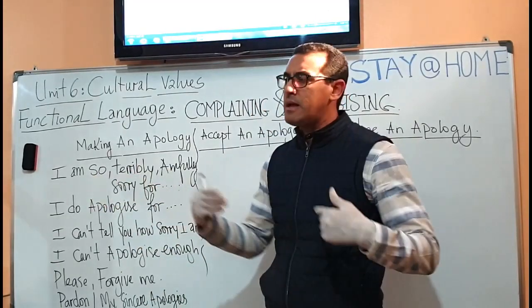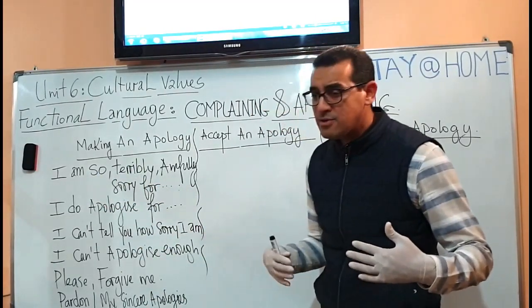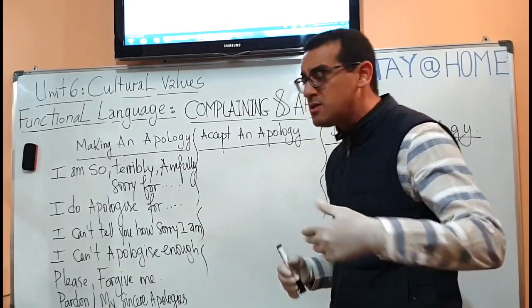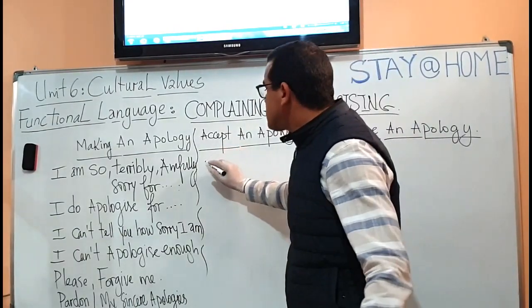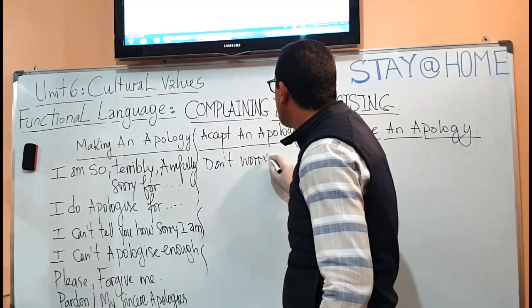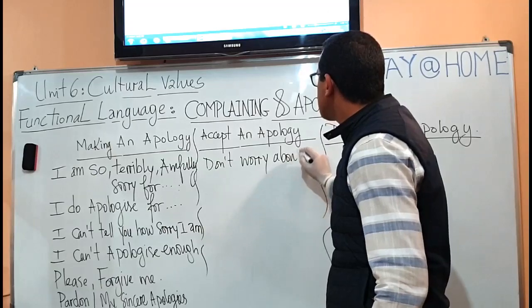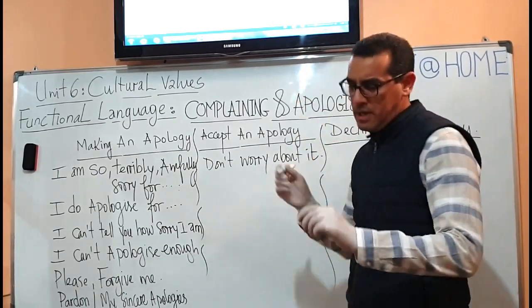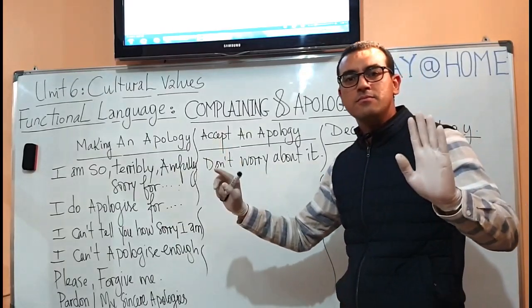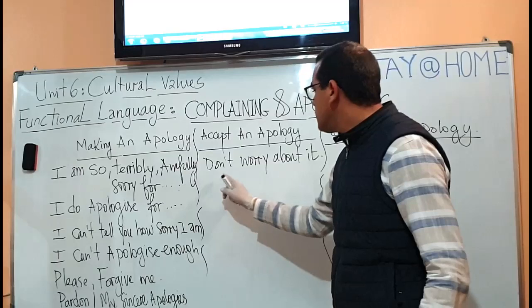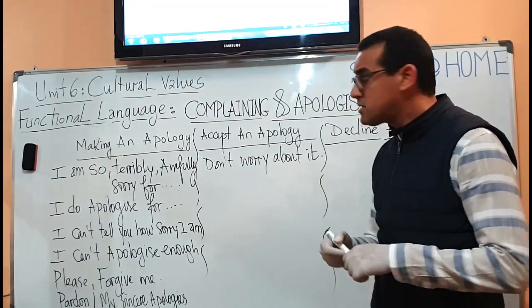A student, for example, comes to this class very late and he apologizes. I will respond this way. I have to be polite with them. We can say, for example, don't worry about it. Don't worry. It's fine. It's all right. It's okay. So don't worry about it.